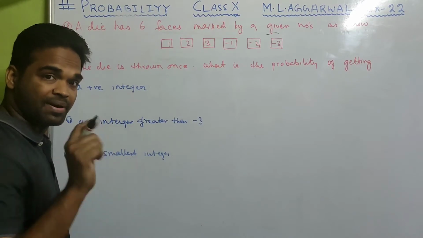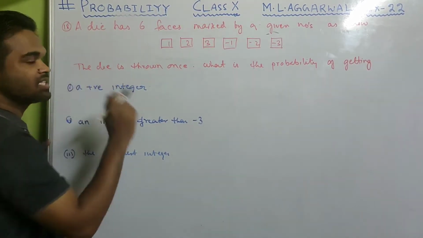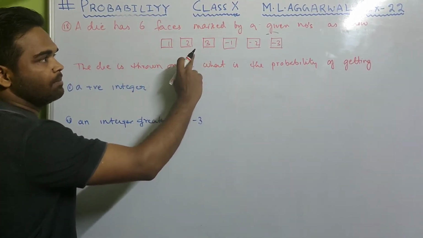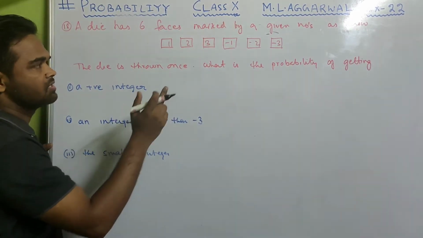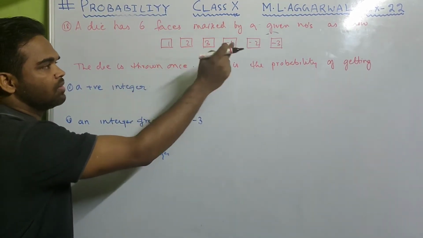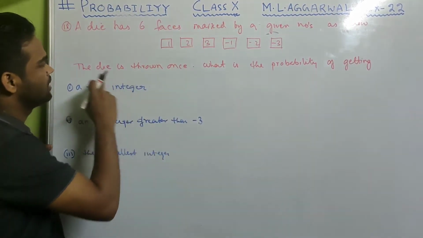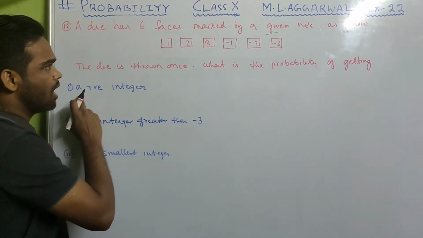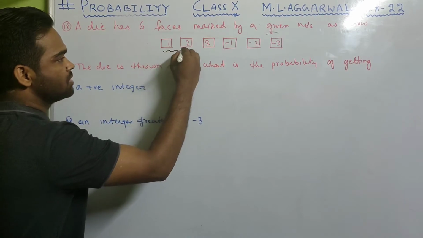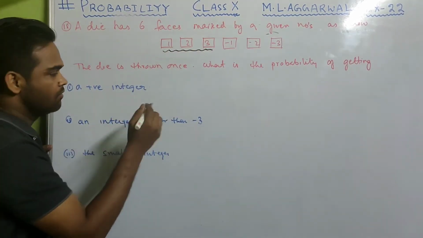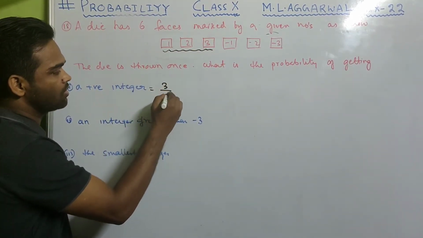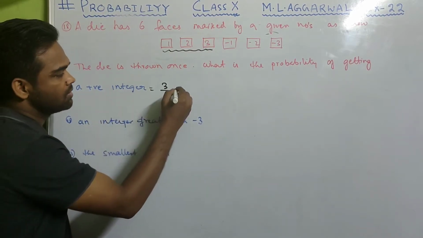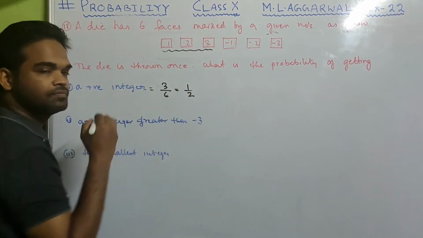Now look at this sum, number 18. A die has 6 faces marked by the given numbers as below. So what you've done, you change the numbers: 1, 2, 3, minus 1, minus 2, minus 3. The die is thrown once. What is the probability of getting a positive integer, which means these 3 integers, which means 3 favorable outcomes out of 6 outcomes. So that's 1 by 2.